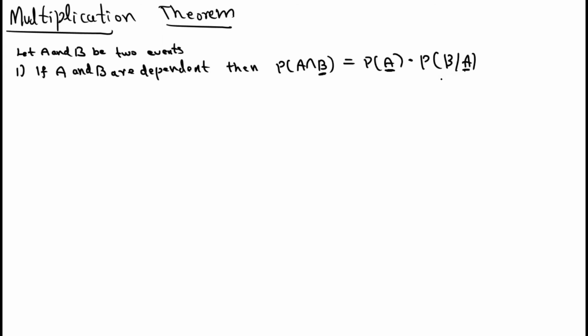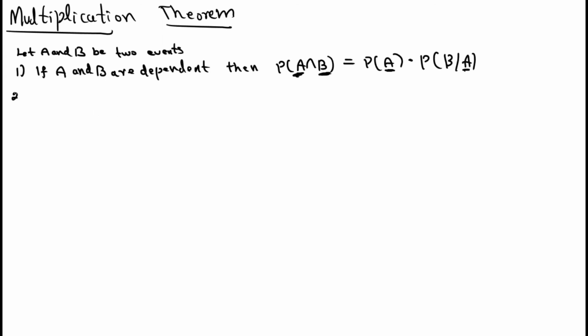We studied conditional probability, right? The probability of any event A where event B has occurred is given by probability of A by B. But here, you're calculating probability of A intersection B as the probability of the first event A into the probability of the second event, where the condition is that the first event has already occurred, denoted by probability of B by A.